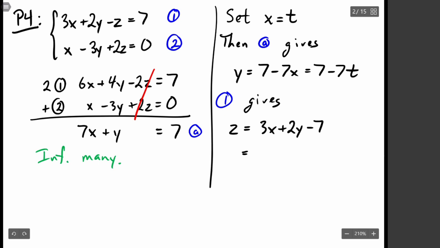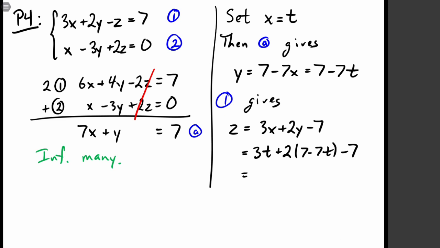And now we just plug in x and y. So we get 3t plus 2 times (7 minus 7t) minus 7. And then we simplify this. This is going to be, let's see, 7 minus 11t. Is that right? Yep, okay. So now we have our x, y, and z in terms of the parameter t.